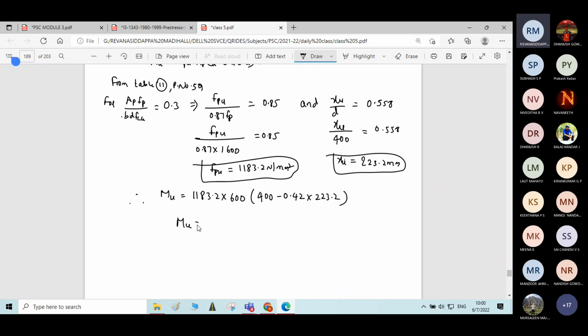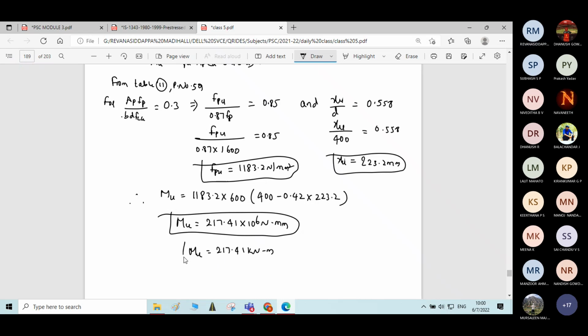By this, you will get the ultimate moment of resistance as 217.41 into 10 power 6 Newton millimeter, or MU is equal to 217.41 kilonewton meter. This completes the problem. Very simple problems. Any doubts you can ask?